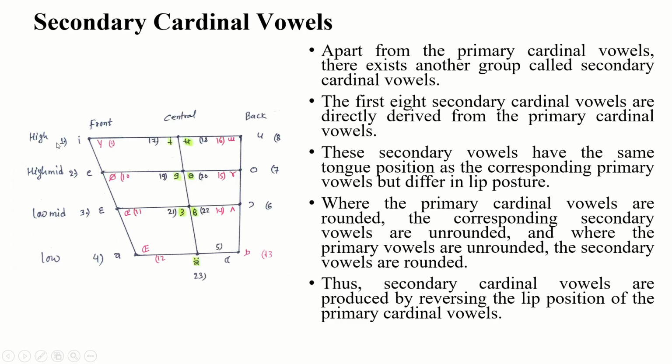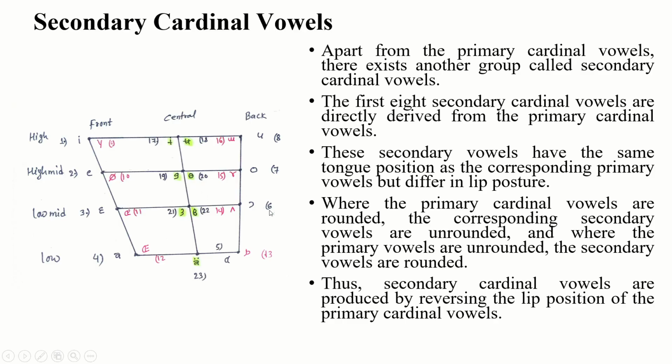So if 1 is unrounded, then 9 is rounded. And 2 is unrounded and primary, while number 10 is secondary and rounded. So if primary is unrounded, secondary is rounded, and if secondary is unrounded, primary is rounded.